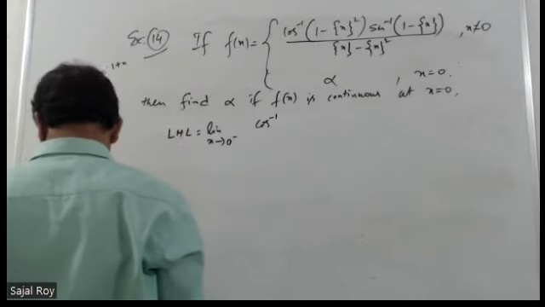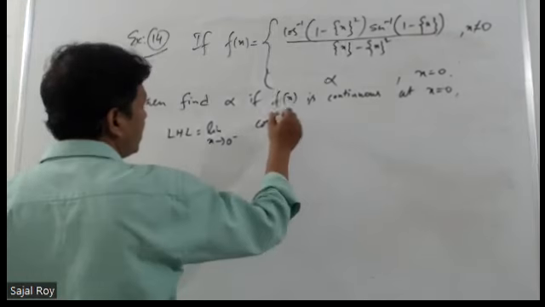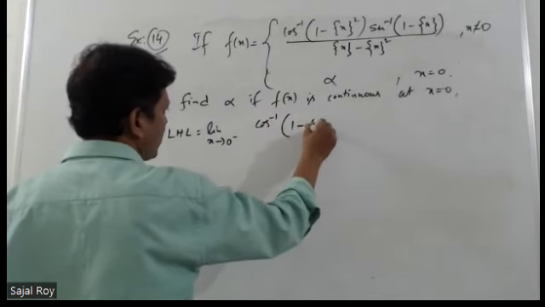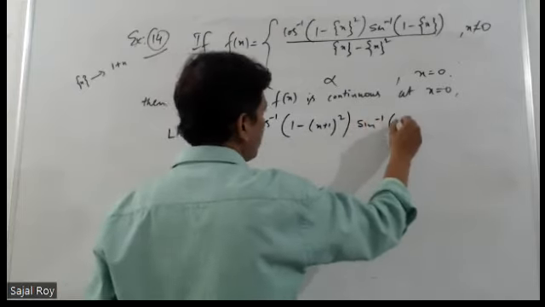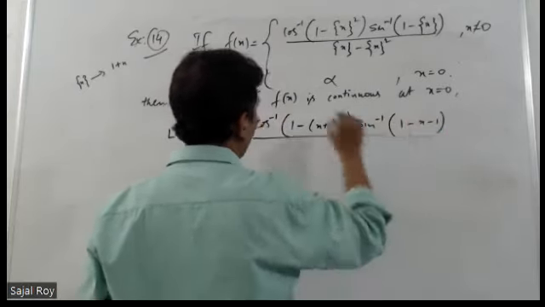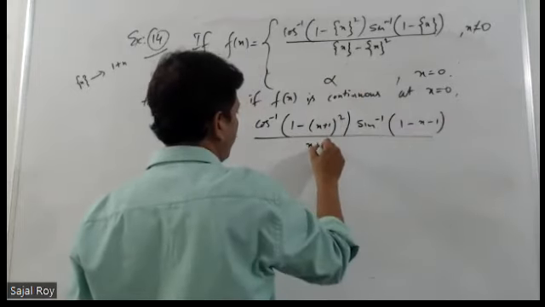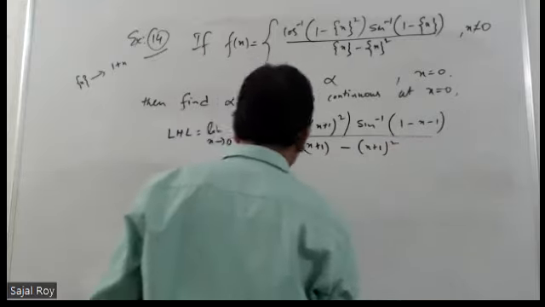Correct? x plus 1, sorry. So it's 1 minus (x plus 1) whole square, sin inverse of 1 minus x minus 1. All fractional parts of x will be replaced by x plus 1. Clear?